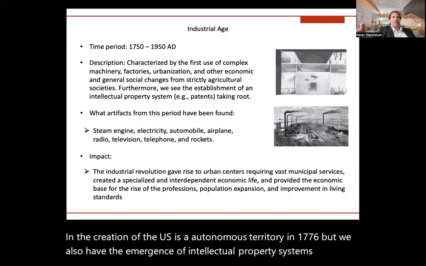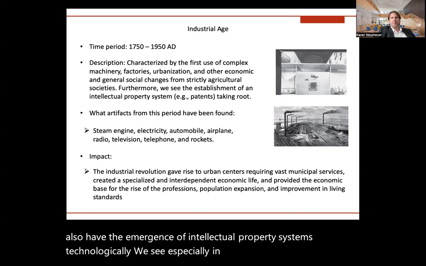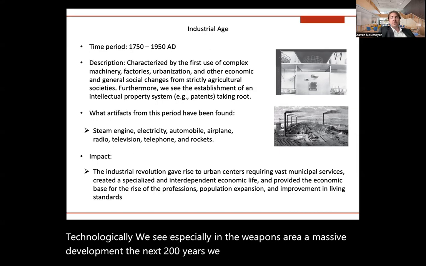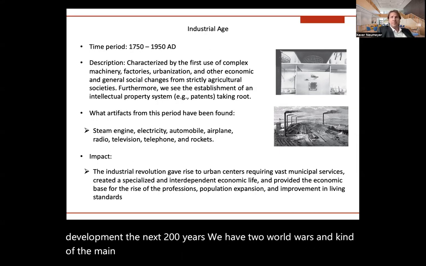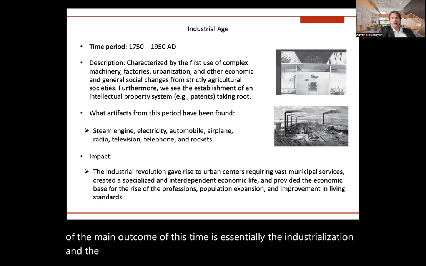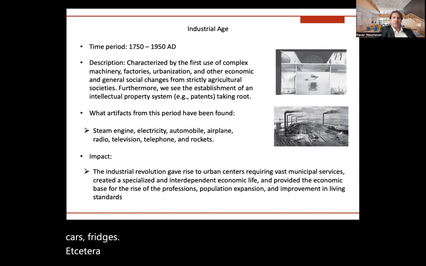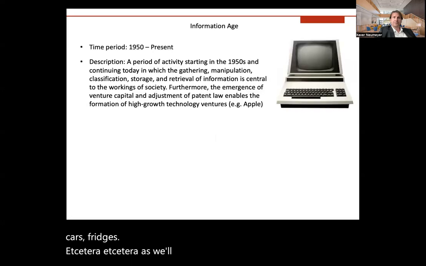Technologically, we see, especially in the weapons area, a massive development in the next 200 years. We have 2 world wars, and the main outcome of this time is essentially industrialization and the ability to mass produce goods such as cars, fridges, etc., as we'll see later.